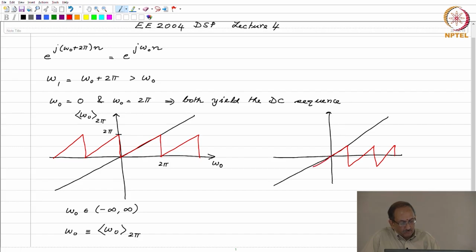All right. So, this point is pi, this value is pi, this value is minus pi. As omega naught becomes greater than pi, you wrap it and it maps to a point here.